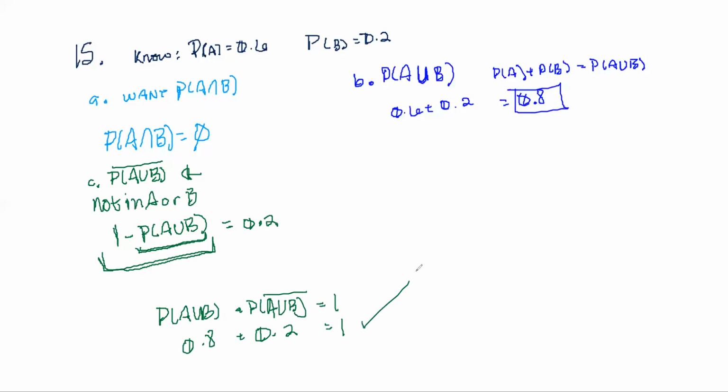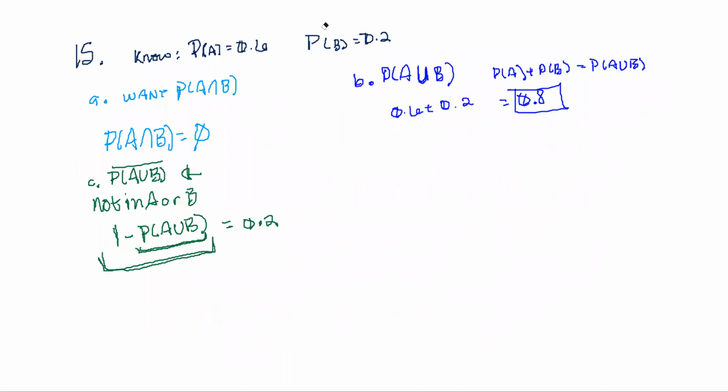So we know that this makes sense. If this number was not 1 when we added it together, then we would have known we've done something wrong. Anyway, so that's how we get this equation up here. Okie dokies. So that is C.